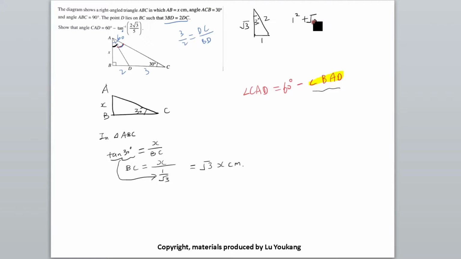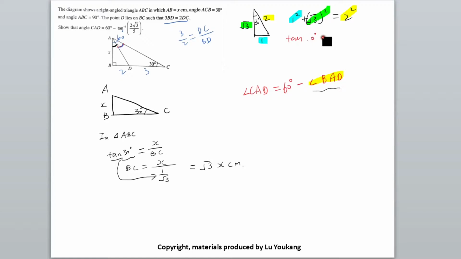And you might be wondering, why is square root 3 my height? Use Pythagoras theorem, 1 square plus bracket square root 3 to the power of 2 equals 2 square. And I have highlighted it color by color so that you can see.